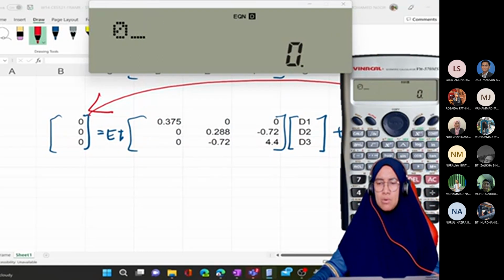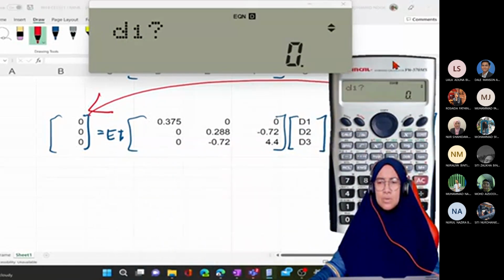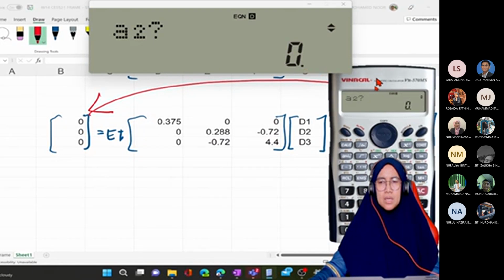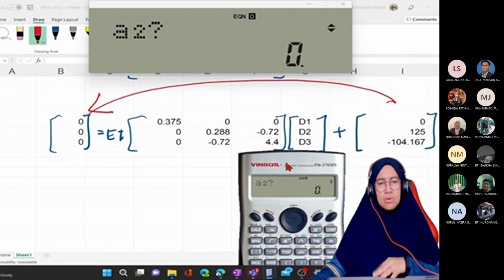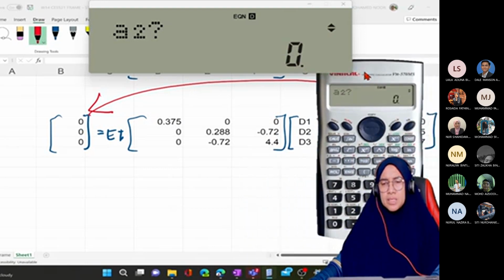A1 will be 0.375, and then 0. C1 also 0. D1 is also 0. It is 0, 0 minus 0. Okay, next value is 0.